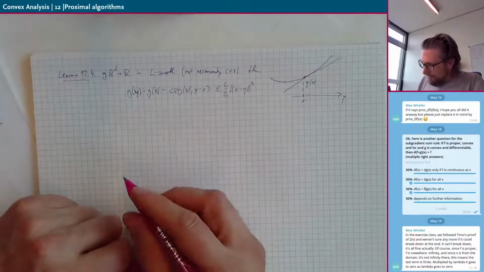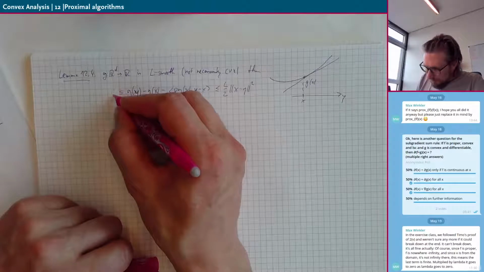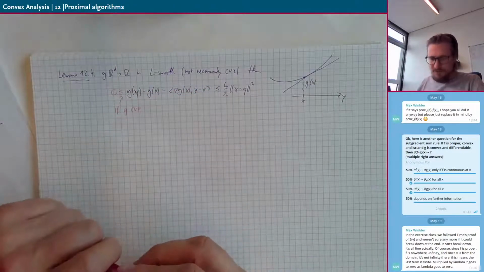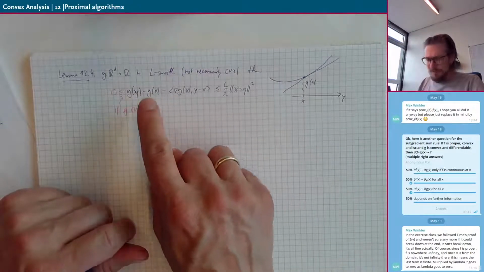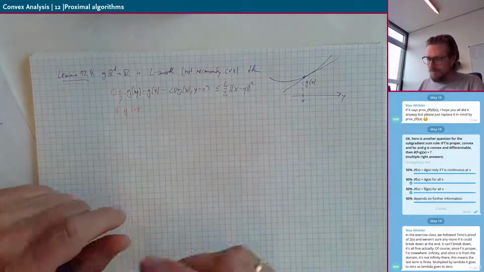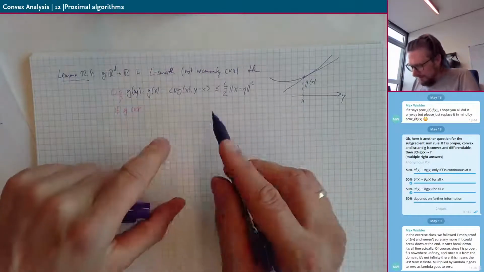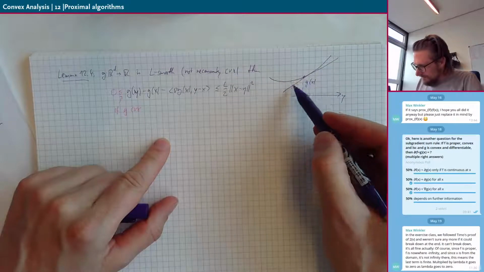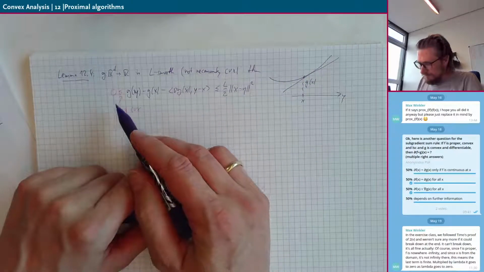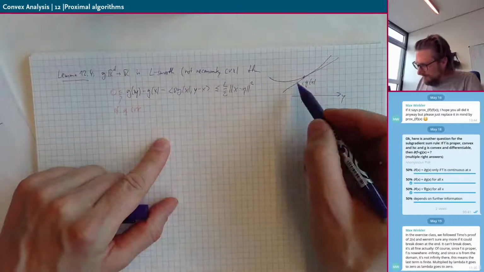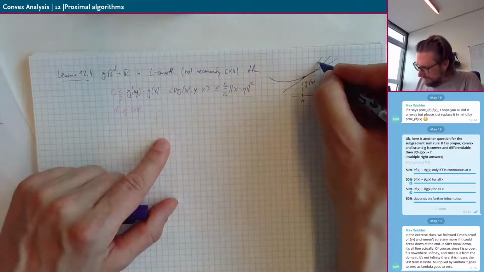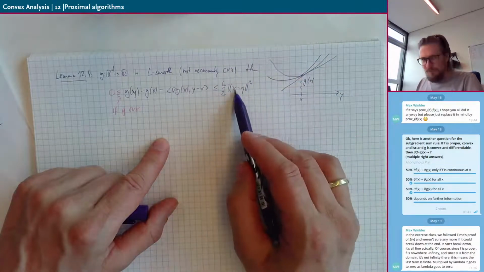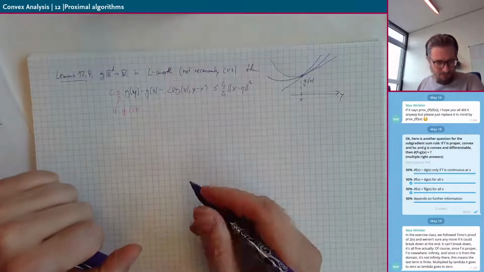And you may remember that in case of convexity, you also have a lower bound. If g is convex and differentiable, then this is the tangent, and the tangent always lies below the graph. This shows that the difference here is always positive, which means that this line is below, and this upper bound says that you have a parabola above the graph, where L is its wideness somehow.